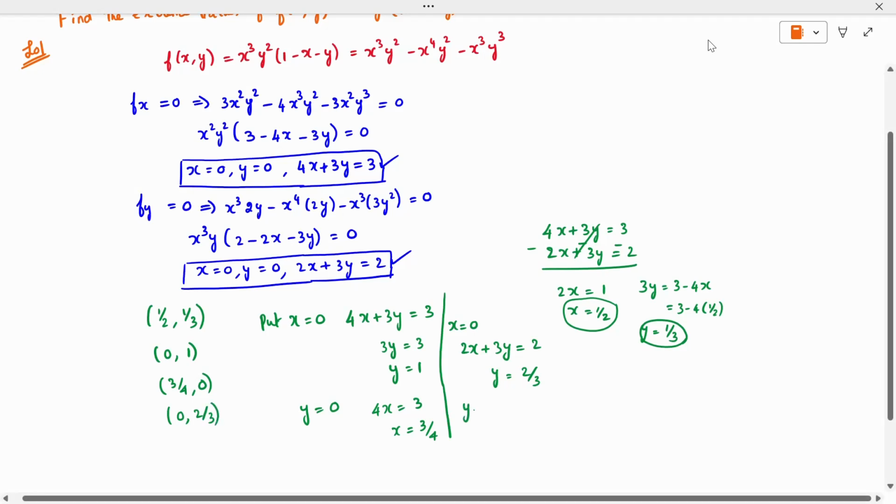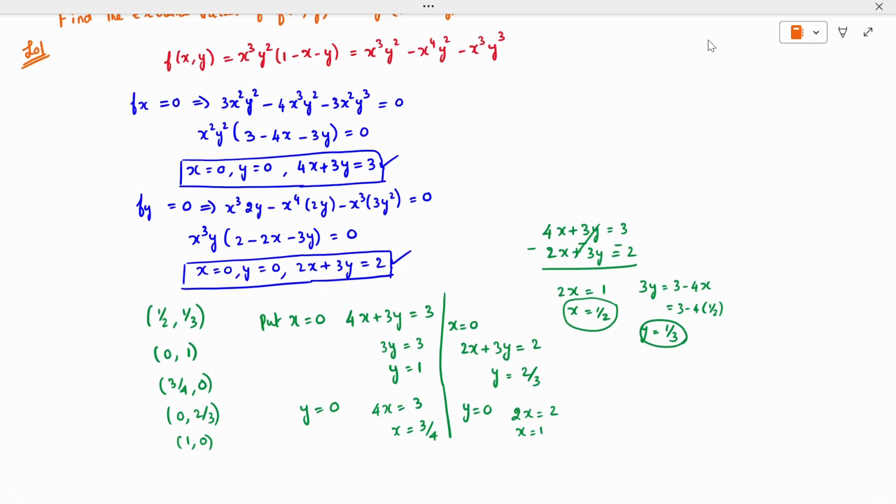Same way, y equal to 0 means 2x equal to 2, so x equal to 1. So my point will be (1, 0). So how many stationary points do I have? Till now 3, 4, 5 stationary points I have.